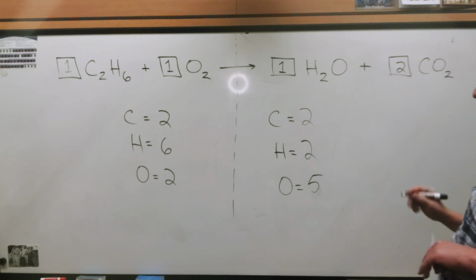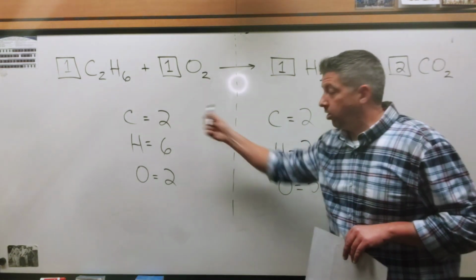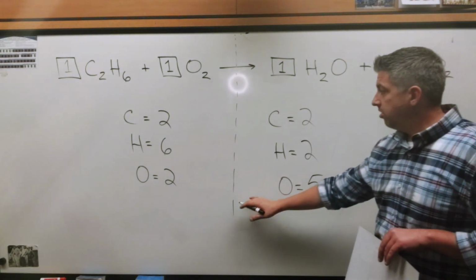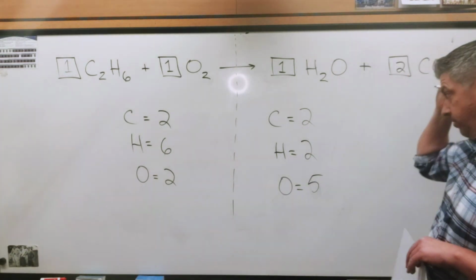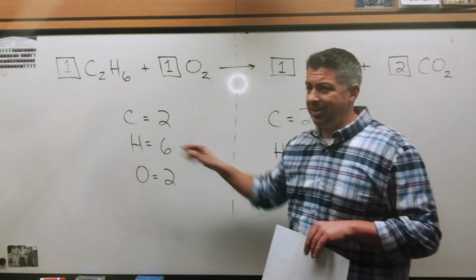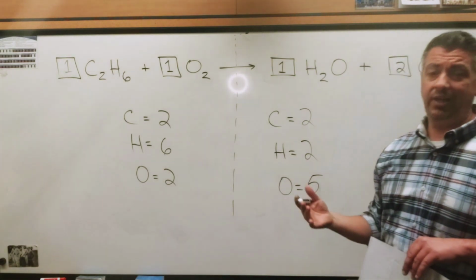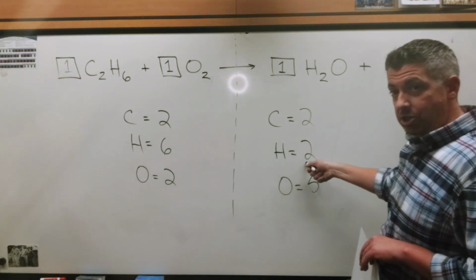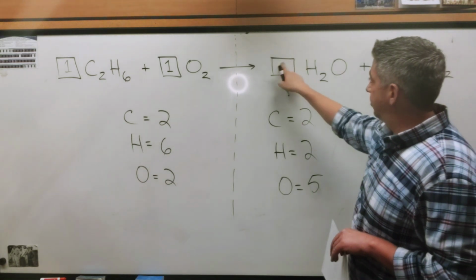Okay, nothing matches still, but at least we got the carbon. The other ones still don't match. Again, let me avoid the O's. Let's work on the H. Okay, that one's also pretty easy. I need to go from 2 to 6, so I have to triple it because 2 times 3 is 6. So if I have to triple my H, let's triple this number.